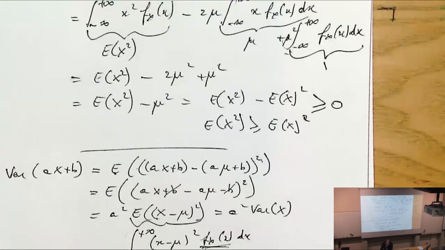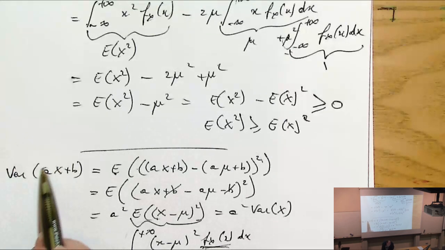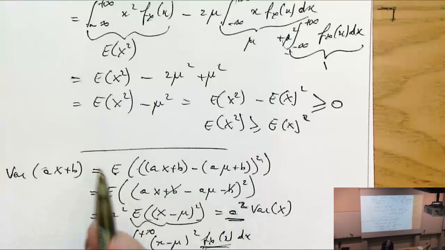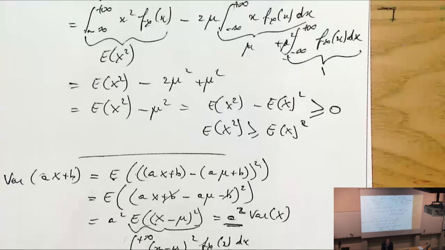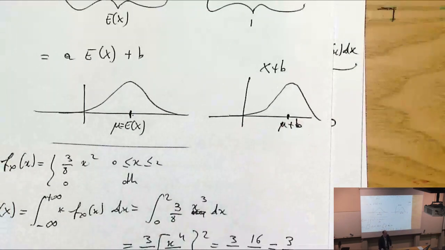The relationship still holds. So what you see here, again, if you multiply x by a, the variance is now multiplied by a squared. But if you shift by b, well, the variance does not change, right? When I take this distribution here and I shift it by b, nothing changed on the spread of that distribution around its mean.